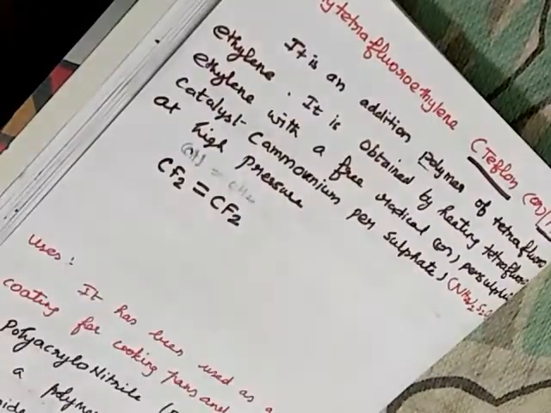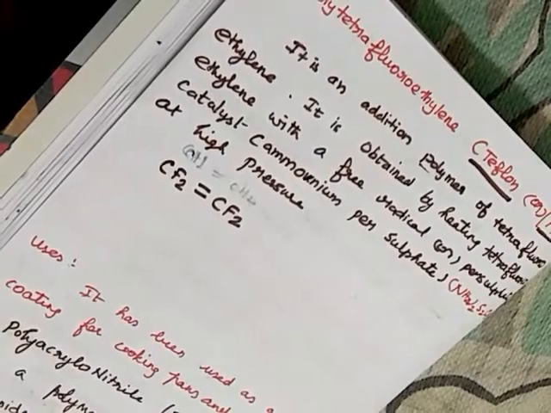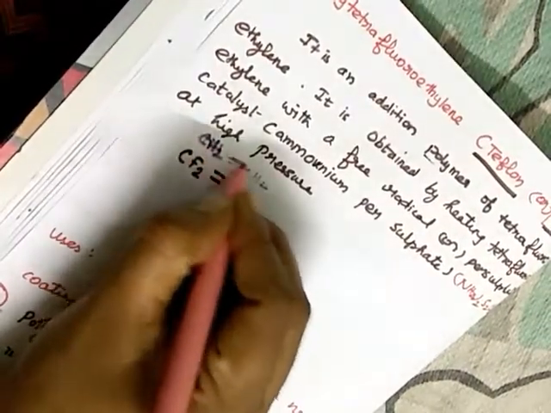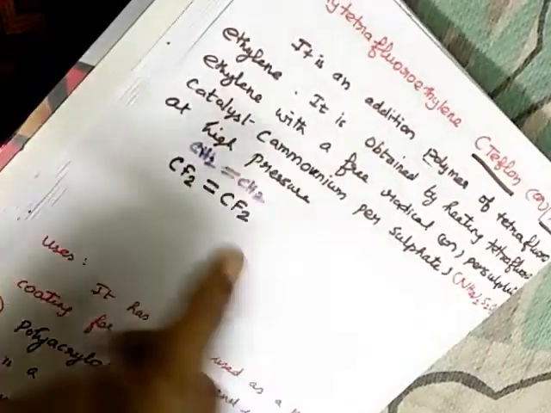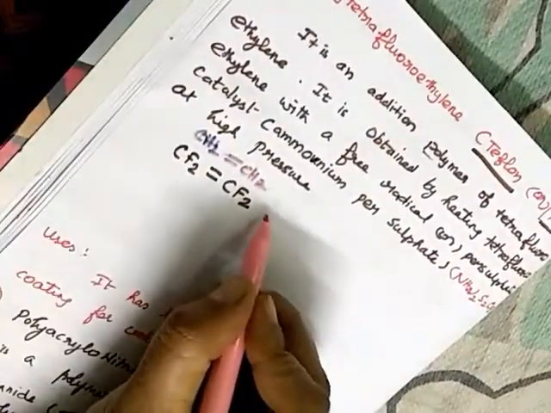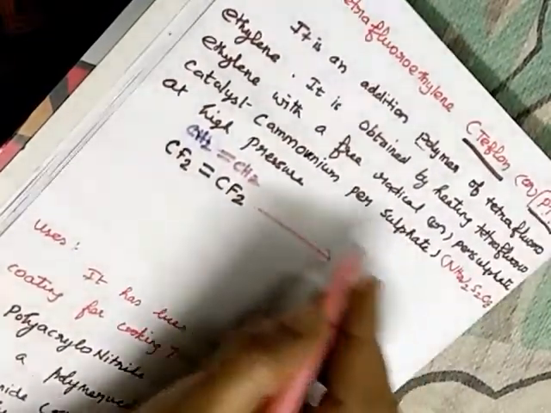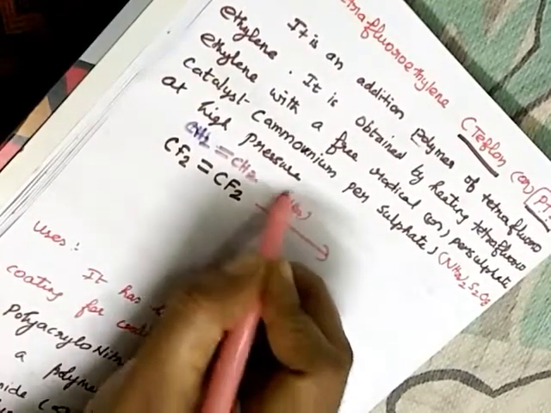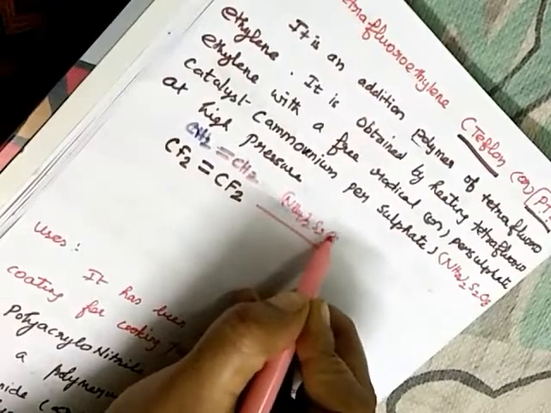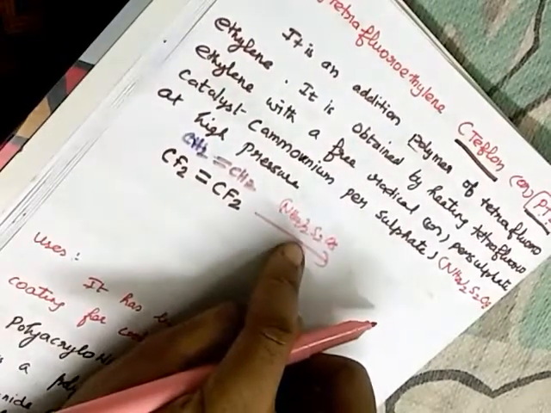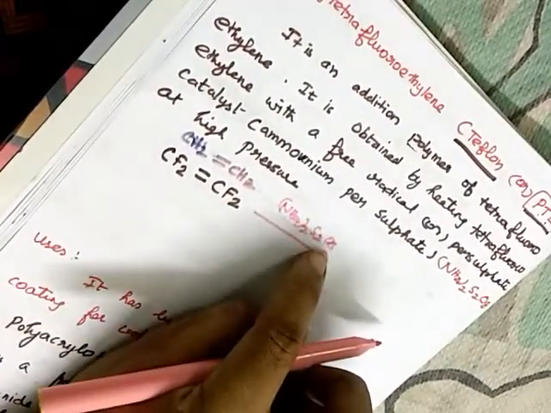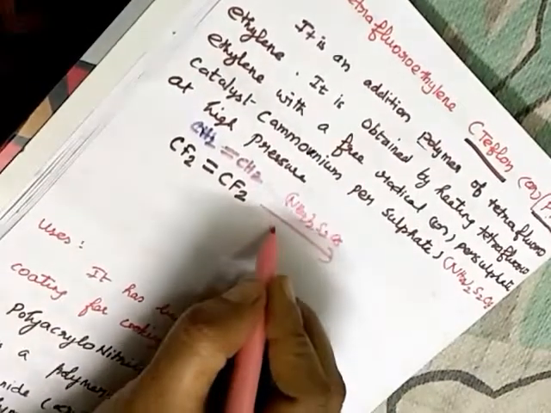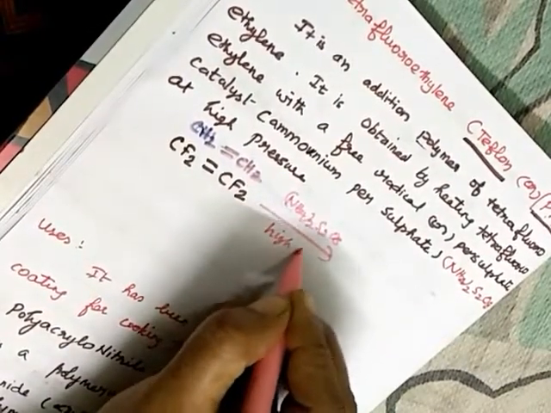CH2 double bond CH2, this is nothing but ethylene. So what we are doing is heating it with (NH4)2S2O8. This is called ammonium persulfate. Ammonium persulfate. Okay, and we are supplying high pressure.